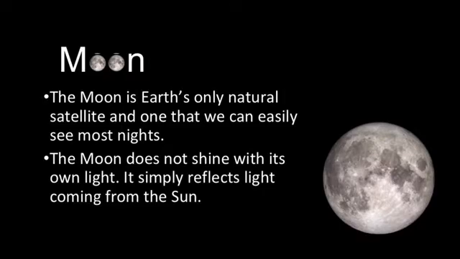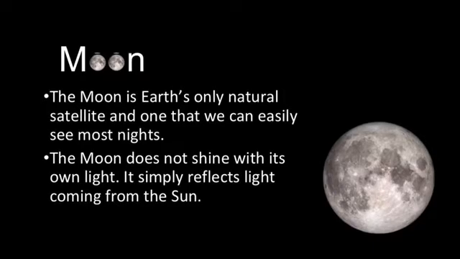Moon. The moon is Earth's only natural satellite and one that we can easily see most nights. The moon does not shine with its own light. It simply reflects light coming from the sun.